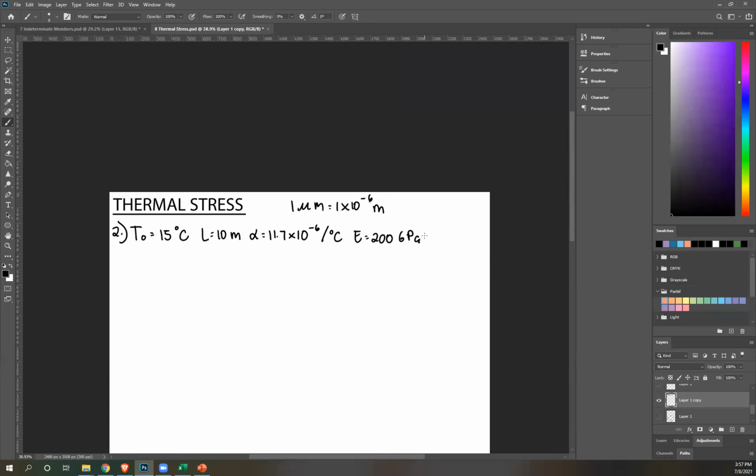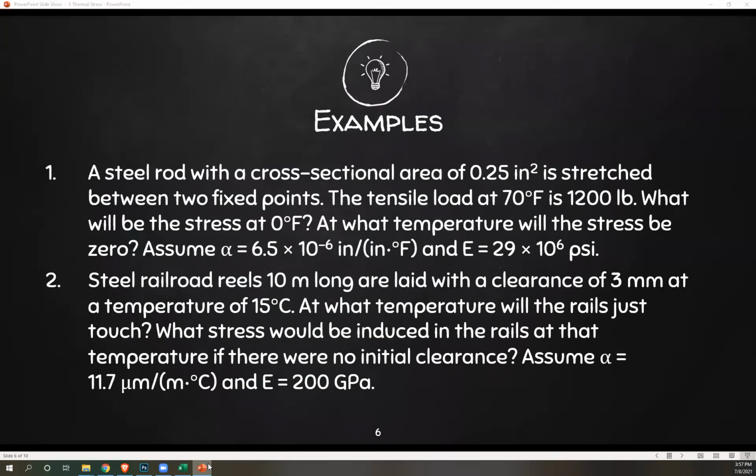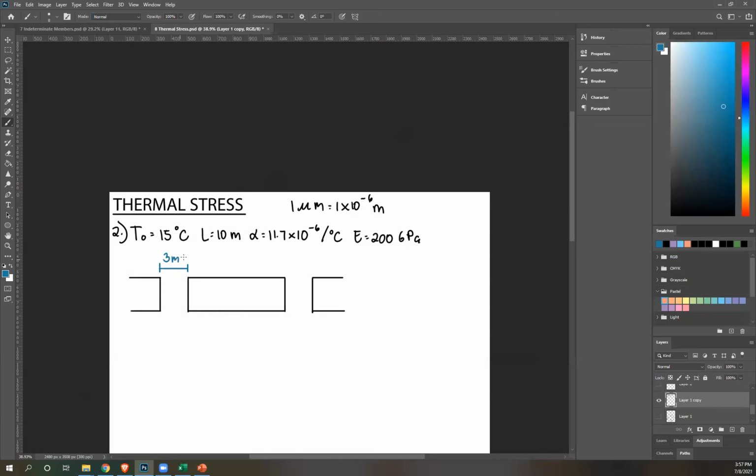So let's draw this. Okay, let's have railroad rails. So these are our rails. And then this is 3 millimeters apart. Same thing here.